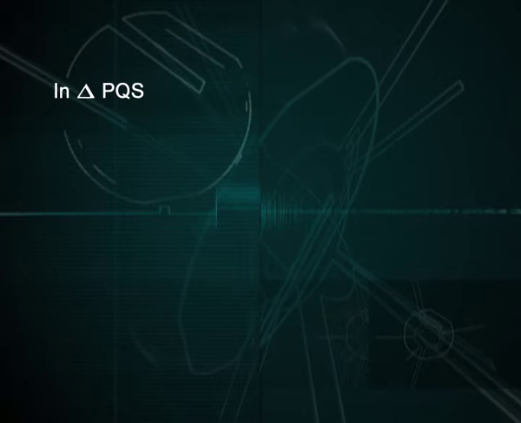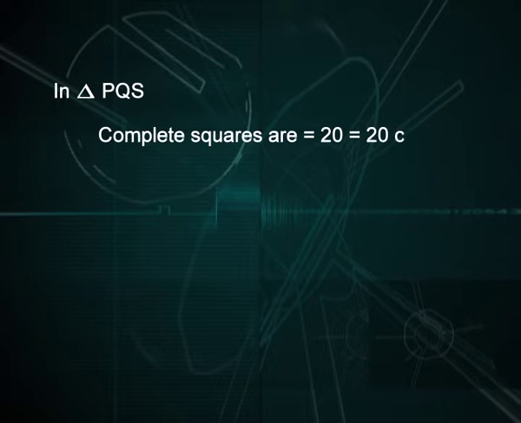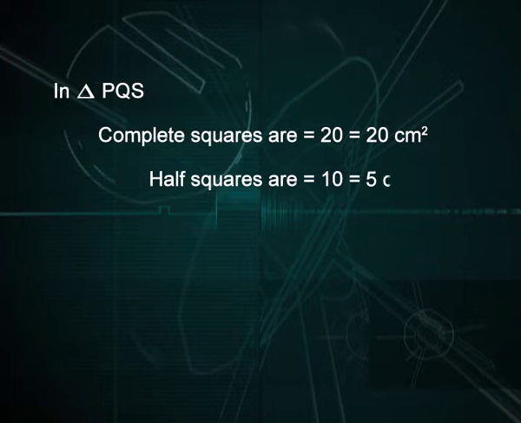So, in triangle PQS, complete squares are 20. So, it is equal to 20 centimeter square, as one complete square is equal to 1 centimeter square, and we find the number of half squares is 10, which is equal to 5 centimeter square, as 2 half squares make one complete square.